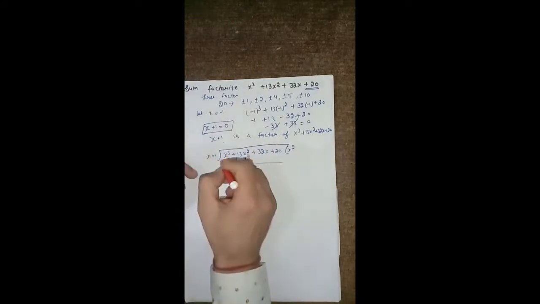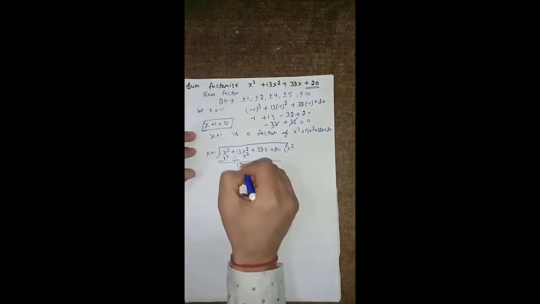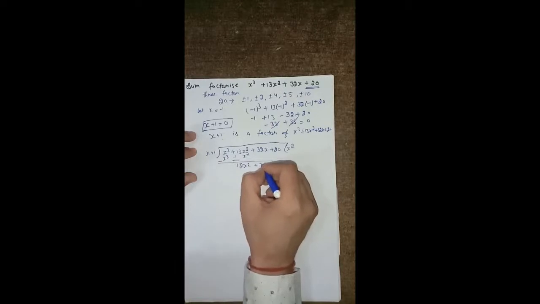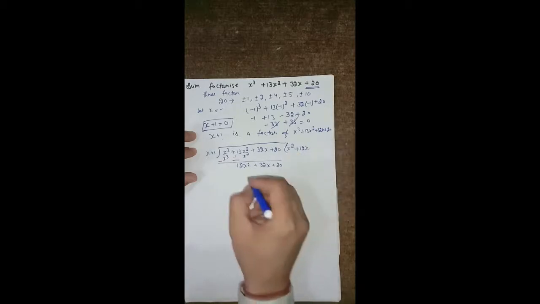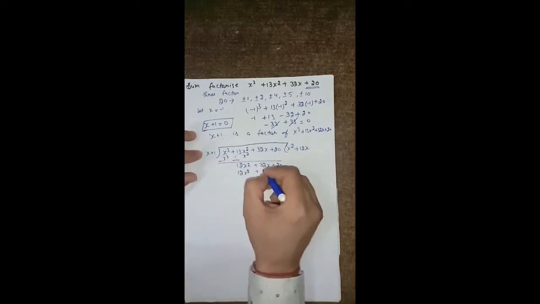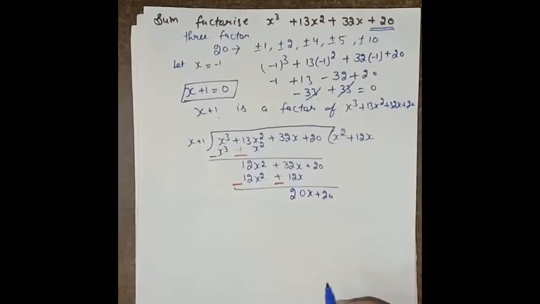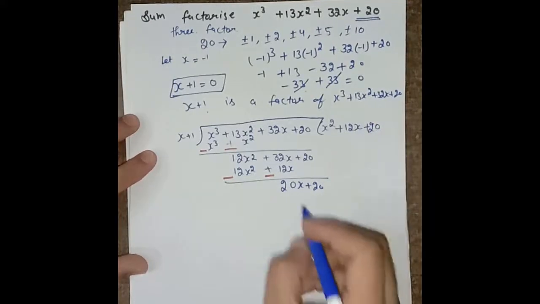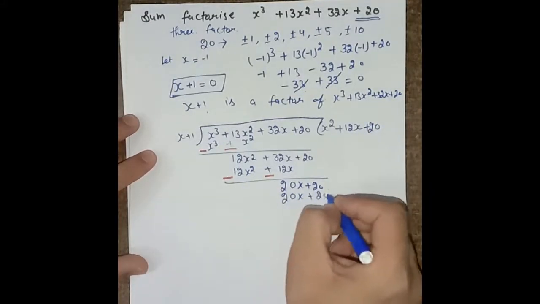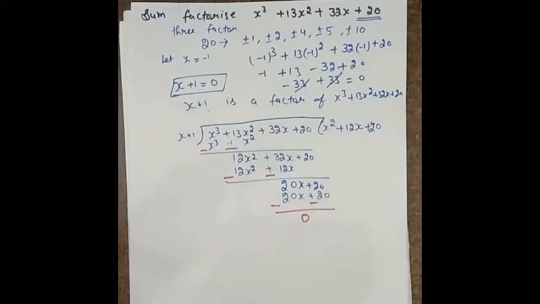On subtraction, the symbol will get changed, and here this will become 12x square plus 32x plus 20 as it is. Now with 12x, this will become 12x square plus 12x. Again subtracting, the symbol will get changed, and this will be 20x plus 20, and on subtracting the remainder will be 0.